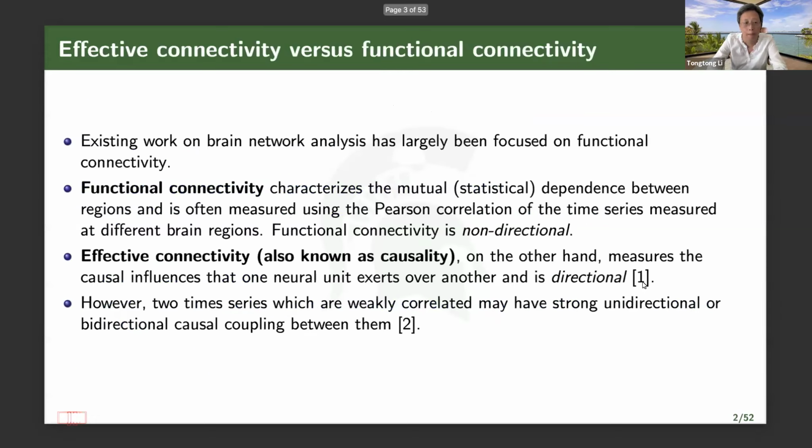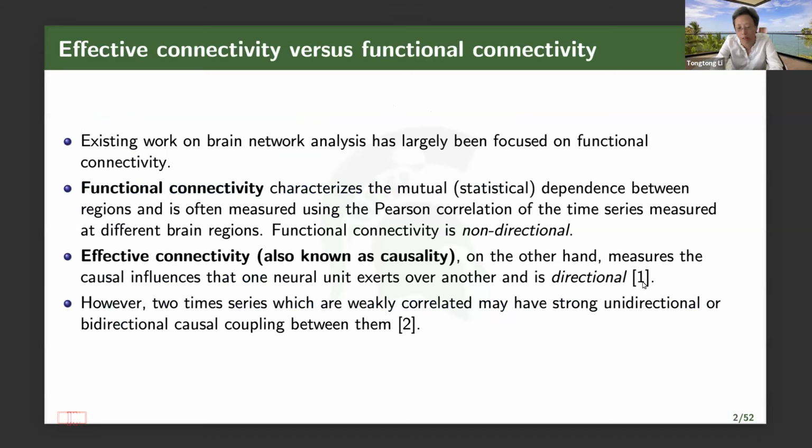So existing work on brain network connectivity analysis has largely been limited to functional connectivity. Functional connectivity tries to measure the mutual dependence between brain regions, and it is often measured using Pearson correlation.